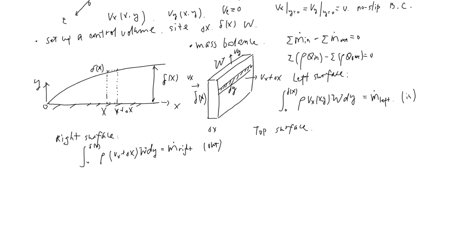So for the top surface, we would have rho Vy evaluated at y equals delta. Because here we are not looking at Vy at every position, we only look at the Vy on the top surface. So rho Vy multiplied by the area on the top surface, which is w multiplied by delta x. So this is m dot out. This is the outflow.